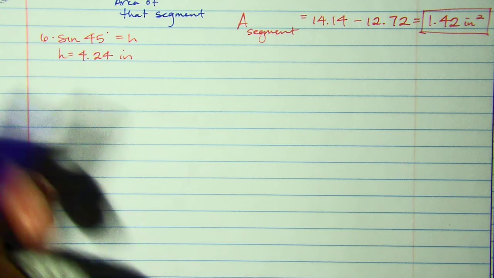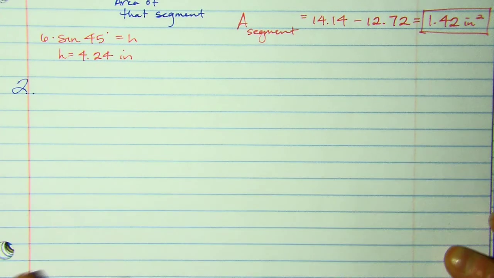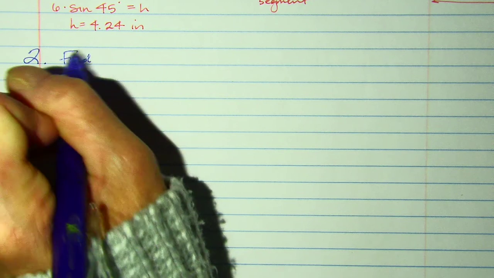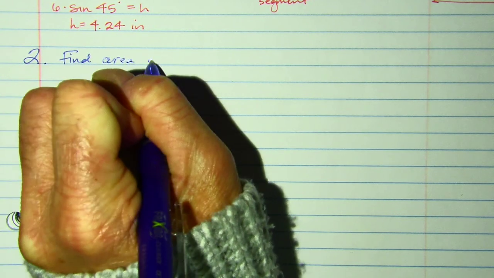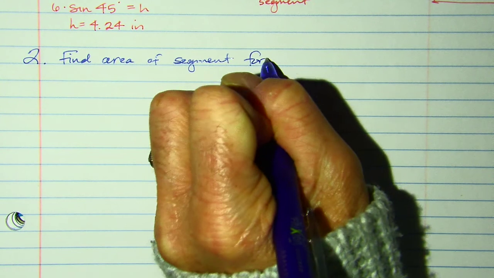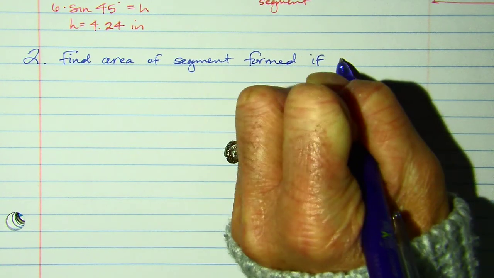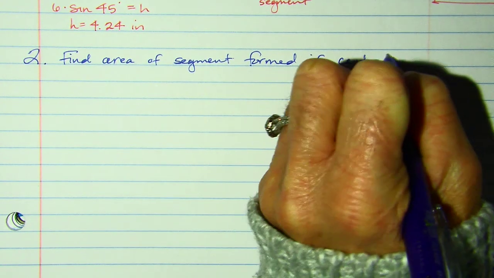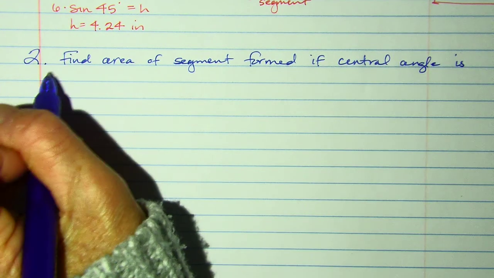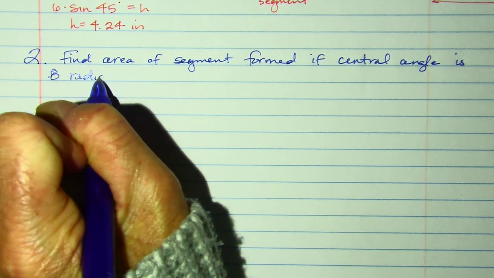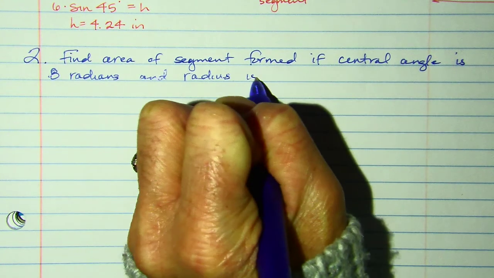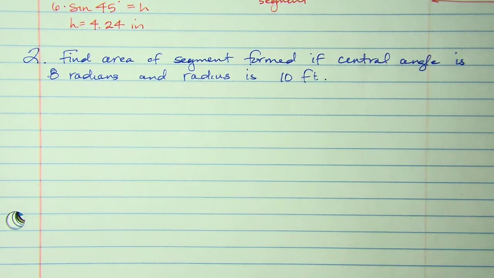We'll do one more because we need to talk about if it's not in degrees. So find the area of the segment formed if the central angle is 0.8 radians and our radius is 10 feet.